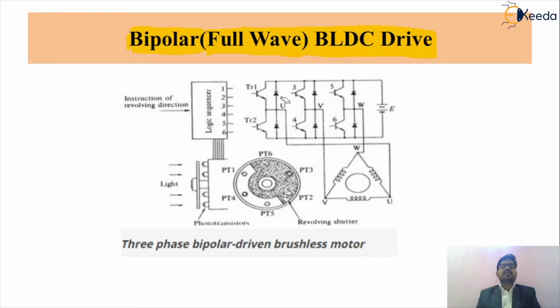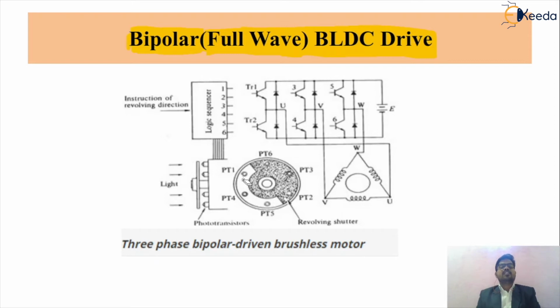So what is the difference between unipolar and bipolar? In unipolar, we use only 3 photo transistors, but in the bipolar BLDC drive, we use Hall effect sensors, connected at different positions. These positions are the photo transistor positions, which are PT1, PT2, PT3, PT4, PT5 and PT6.